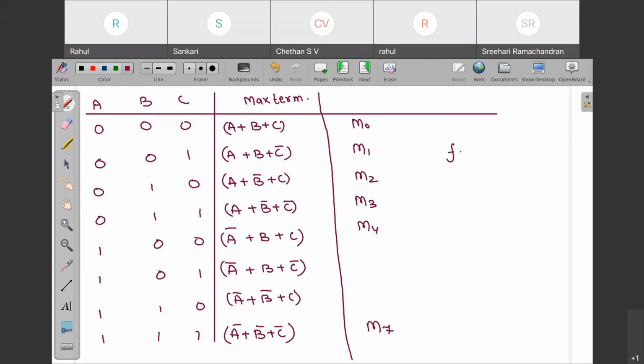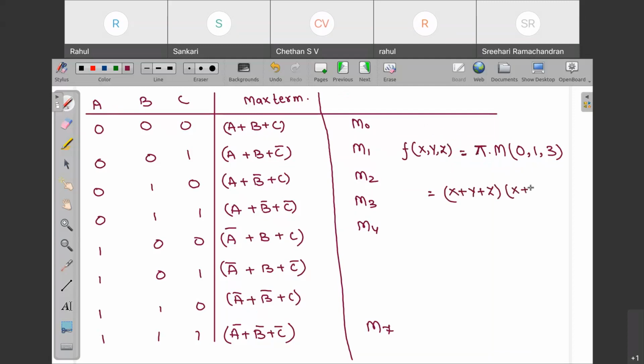So if I write a function like this, this pi means product of max terms, and if I write 0, 1, 3, this actually means that if over here it was written f(x, y, z), 0 will correspond to x plus y plus z. How did I know this will be a max term? Because it is written product of max terms.